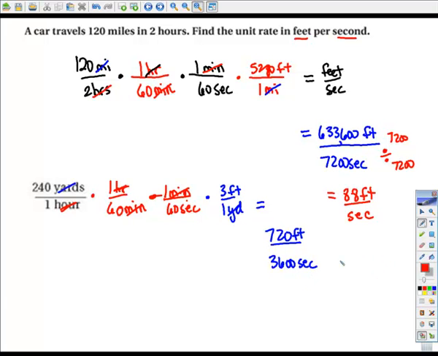But again, for a unit rate, I need to divide now by 3,600 over 3,600. So 720 divided by 3,600 is 2/10 of a foot per second. 2/10 of a foot per second.